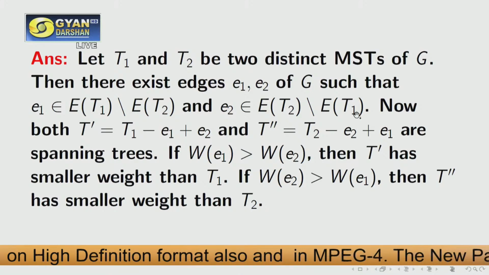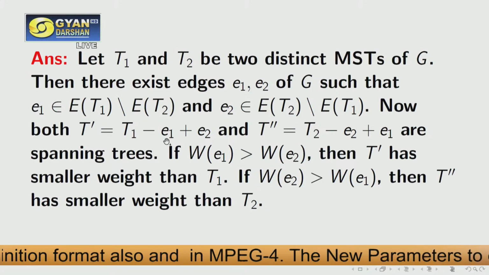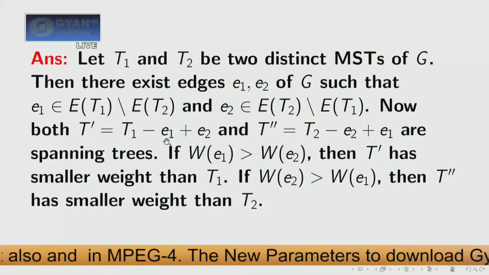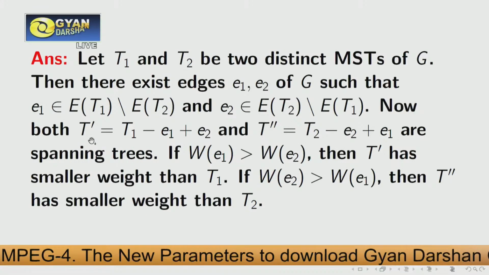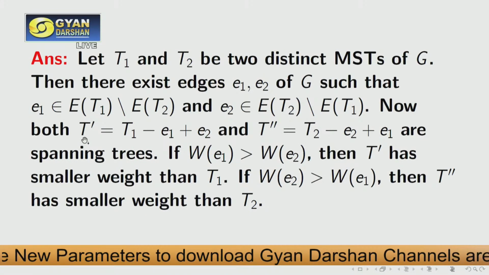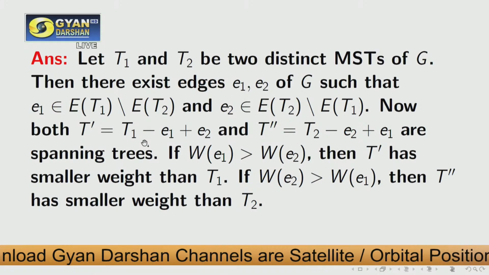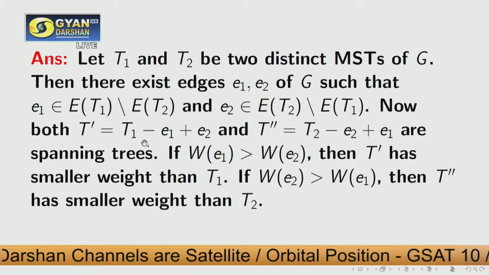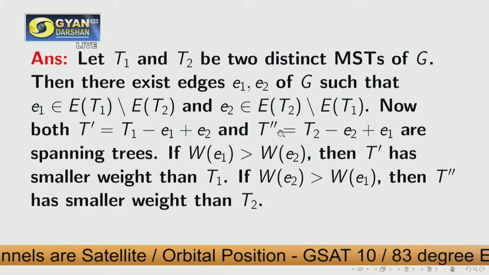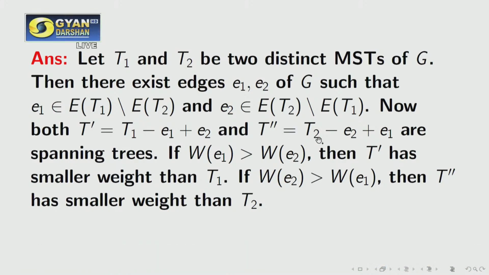And further we construct two spanning trees from these two edges, the trees T' and T''. T' is just obtained by T1 minus E1 plus E2, and T'' is T2 minus E2 plus E1. Now we shall first show that these are actually spanning trees, and then we will arrive at a contradiction.